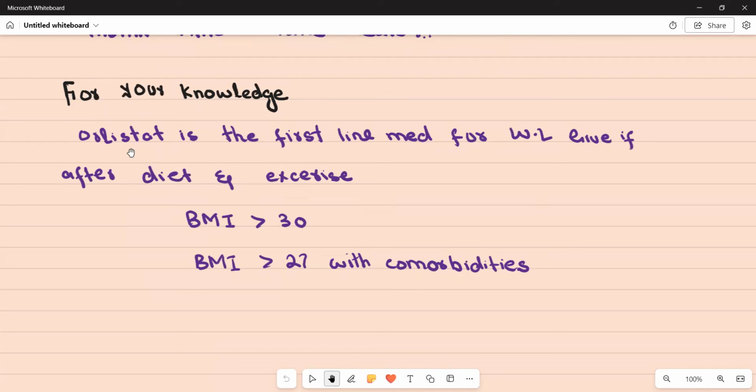It is a first line medication for weight loss, but it's only given after you have tried and failed to lose weight with diet and exercise. Okay, and then the third option can be bariatric surgery, which is done at BMI more than 40 after diet and exercise and medical therapy has failed, and still the BMI is more than 40 or BMI is more than 35 with comorbidities.